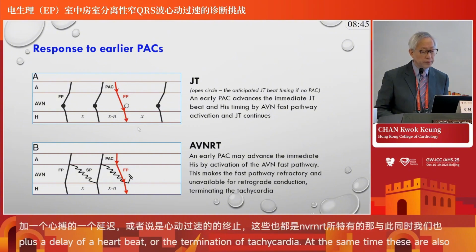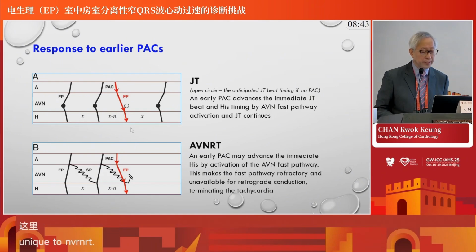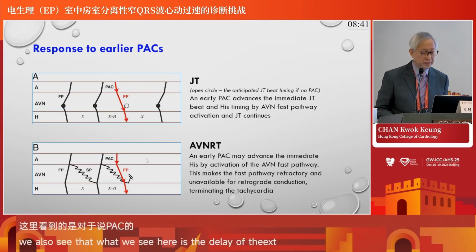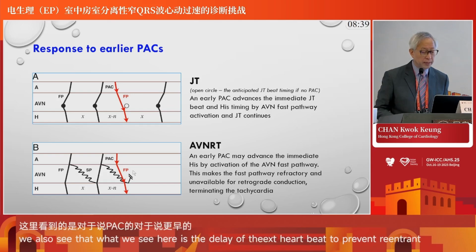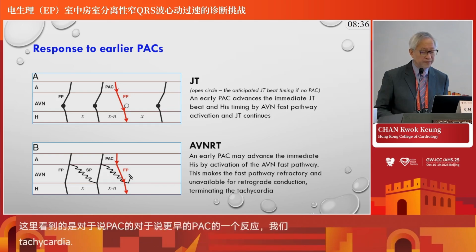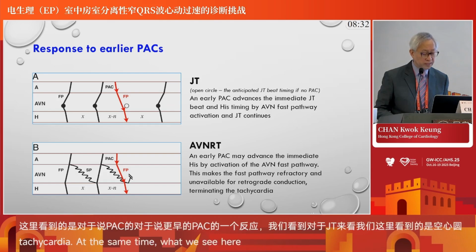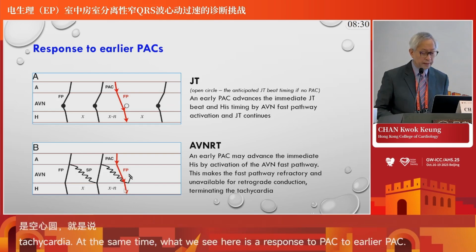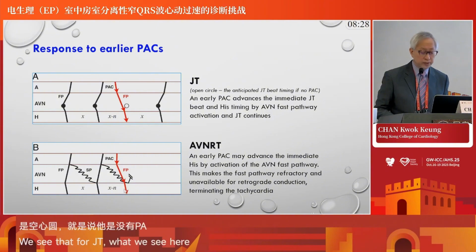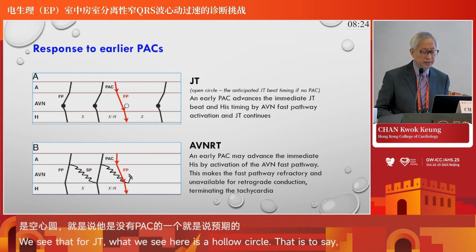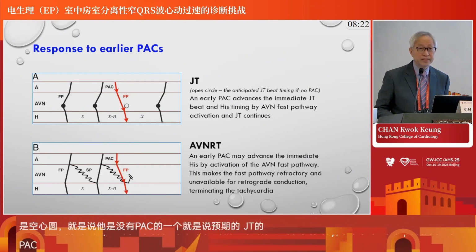So an early PAC can affect junctional tachycardia by advancing the His. For AVNRT, an early PAC again may advance the immediate His by activation of the AV node fast pathway. This makes the fast pathway refractory and unavailable for retrograde conduction, and then it terminates the tachycardia. So an earlier PAC can affect both tachycardias, but in different ways.